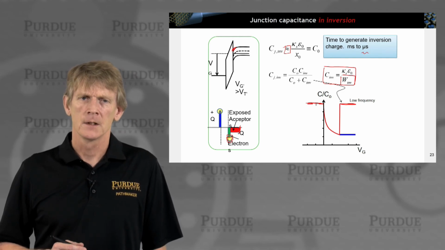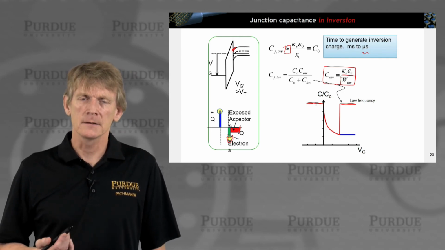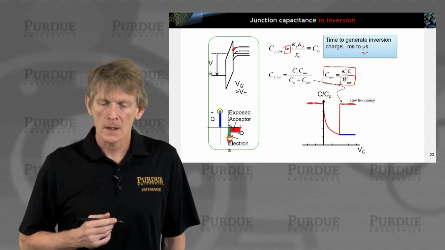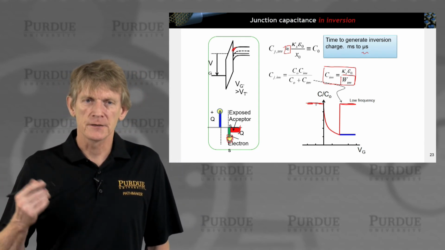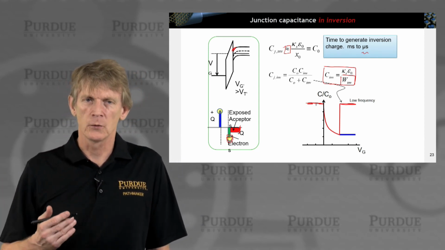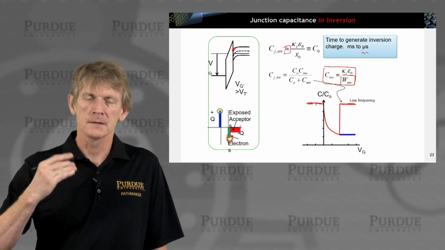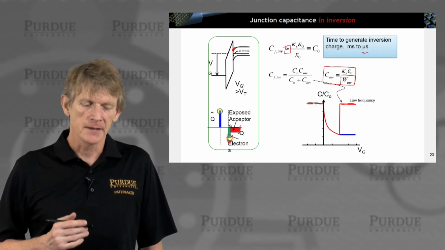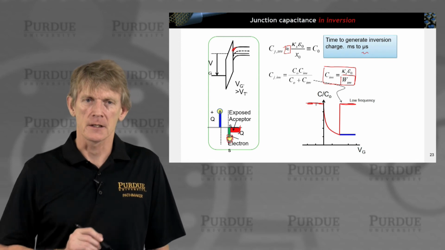Okay, so that means after you have reached a steady state, what we assume, but then we keep wiggling the AC signal, there will be electron charge here.